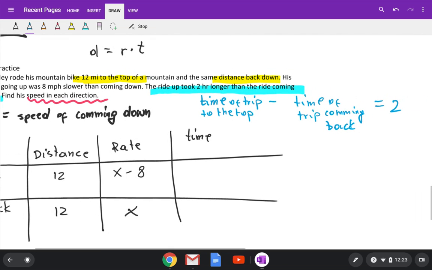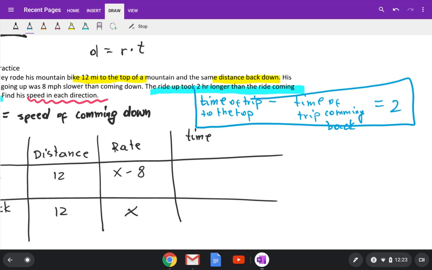So that means the difference between those two times is 2. And that's actually going to be the equation which I will use to solve this problem.